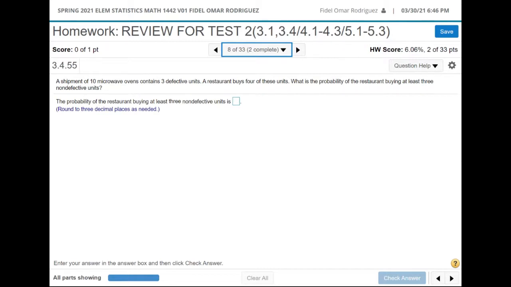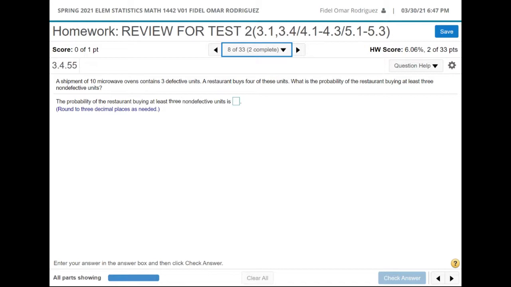Okay, so let me get my paper again so that I can write this out. And I'm going to show you how we're going to go through this problem. We have a total of 10. And out of the 10, there are 3 defective, which means that there are 7 non-defective.